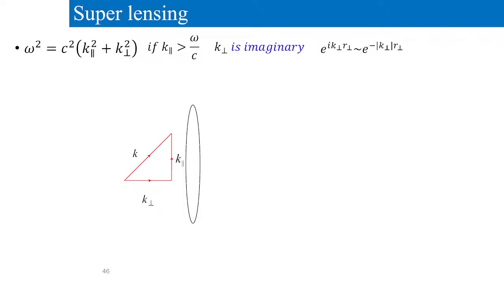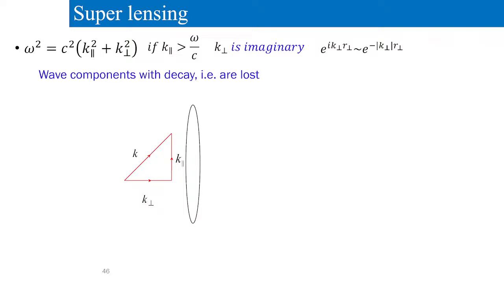Now i into i is minus 1, so this part becomes exponential minus absolute k perpendicular r perpendicular. This is an attenuating factor.